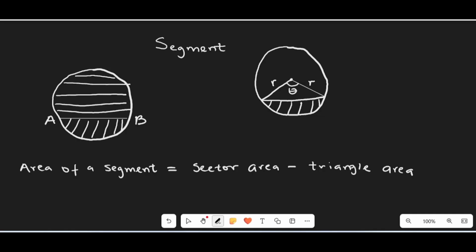Let us label this place O, this place A, this place B. You will see from the diagram that our sector is from O like this, back to O. Our triangle is O, A, B. So the area of a segment is the area of a sector minus the area of a triangle.